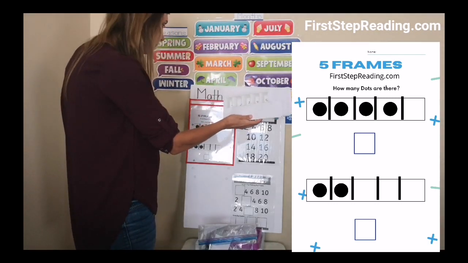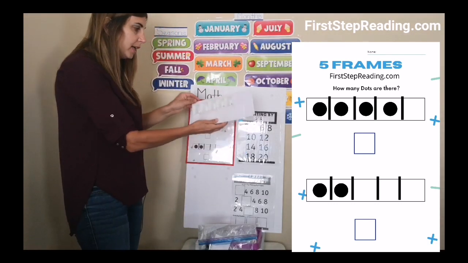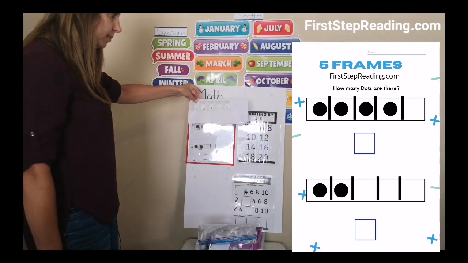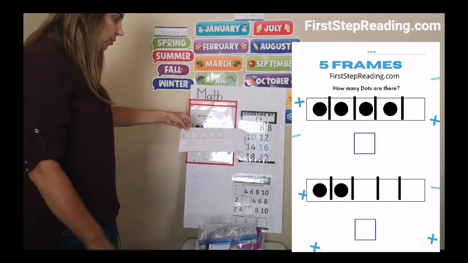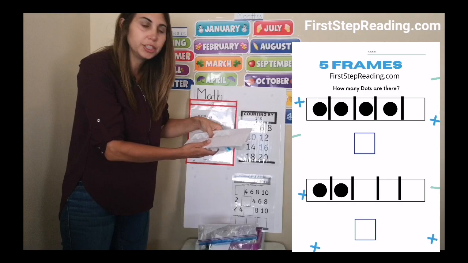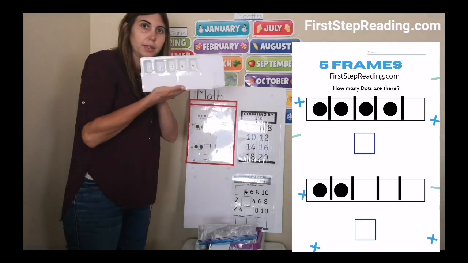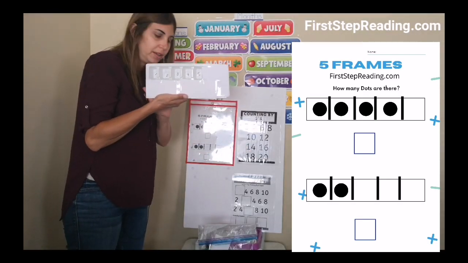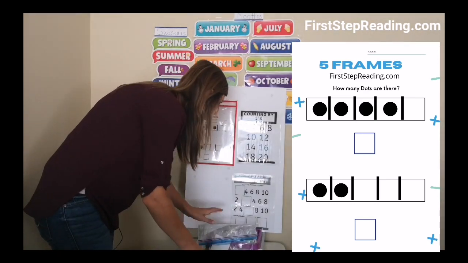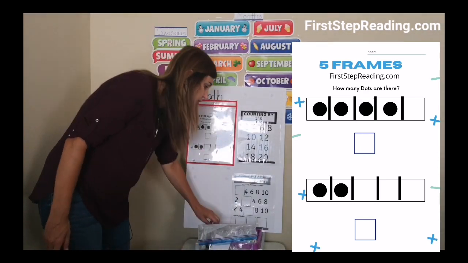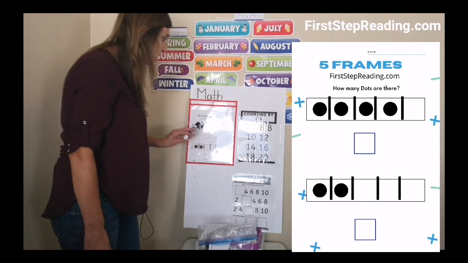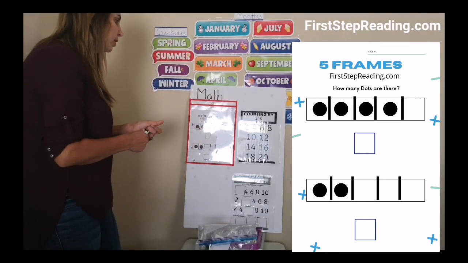Okay? So that I can make my own 5 frame. It's helpful for counting, for addition and subtraction. We're starting with just 5. So to start, we're just doing counting in our 5 frame.